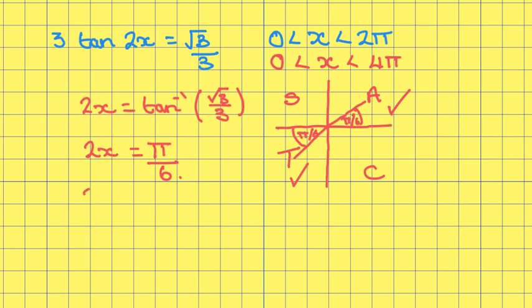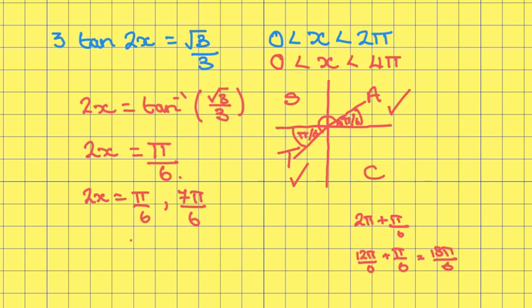So 2x is equal to, so our first angle is this one, which is pi over 6. Our second angle is all the way around there, which is pi plus pi over 6, which is 7 pi over 6. Our third angle is 2 pi plus pi over 6, which is 12 pi over 6 plus pi over 6, which is 13 pi over 6.